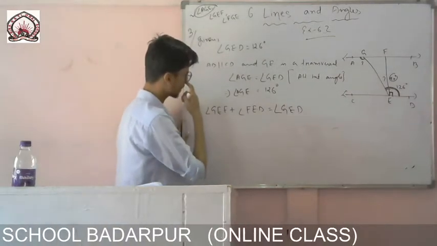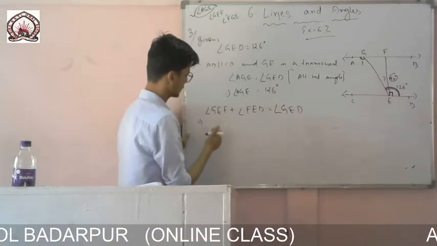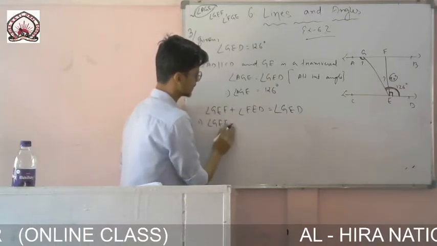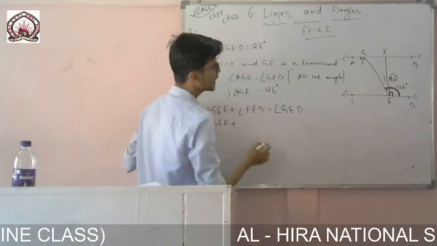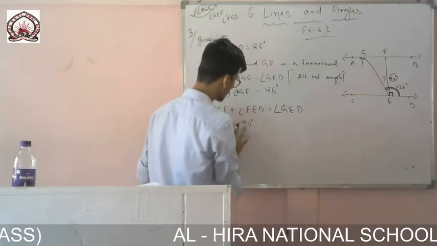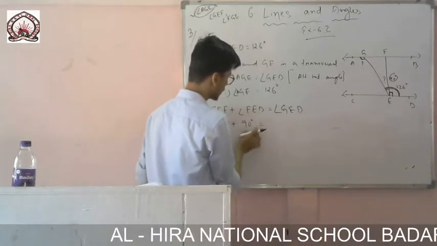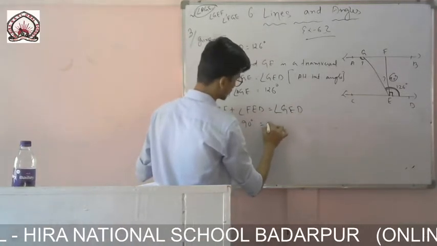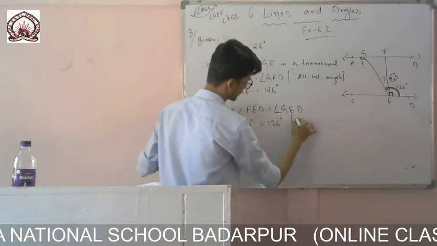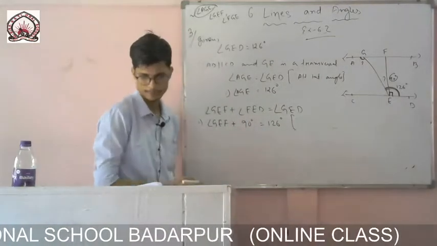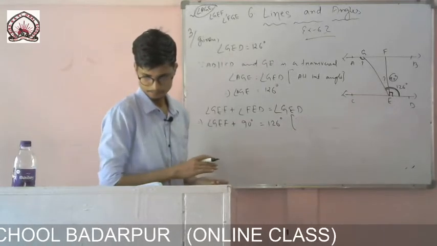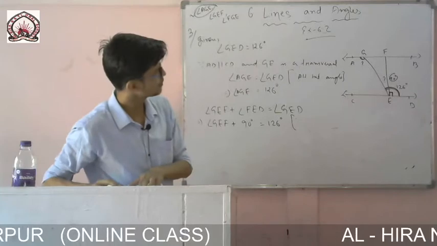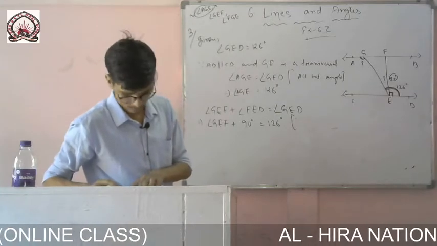If I put in the values, GEF I have to find out. FED is 90 degrees, but it is not given directly in the question, so I have to write why, how I got this 90 degrees, and there I will give the reason. GED is 126. The reason for the 90 degrees is what is given in the question: EF is perpendicular to CD.